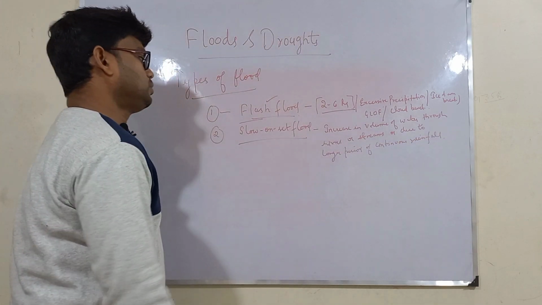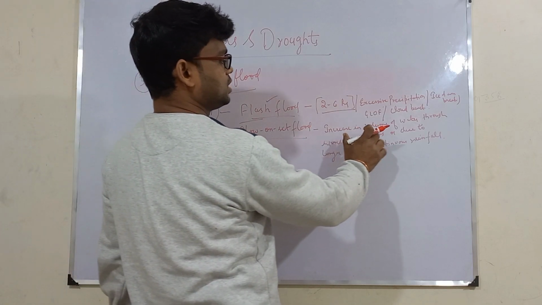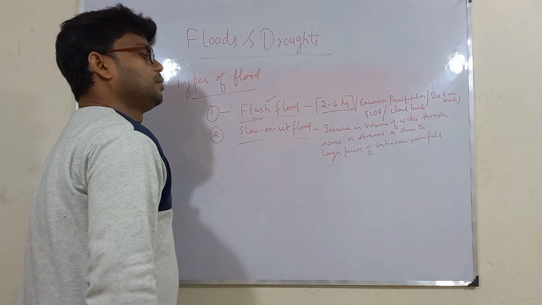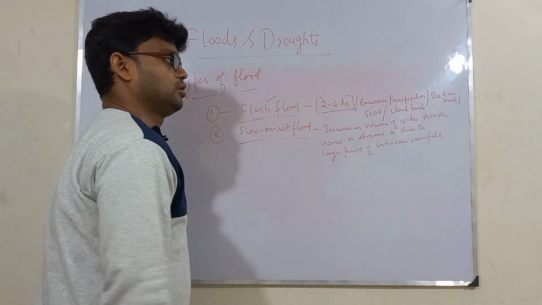So you can note it down. This slow onset flood is generally due to an increase in the volume of the river or streams, and this is mainly due to longer periods of continuous rainfall.